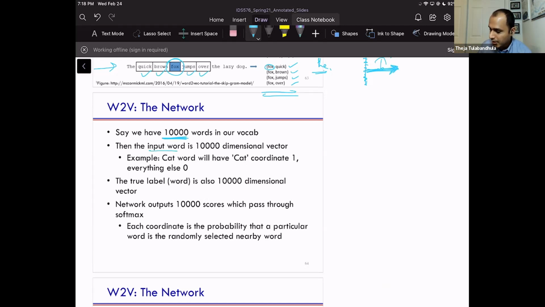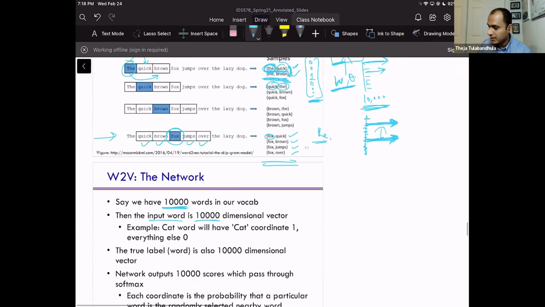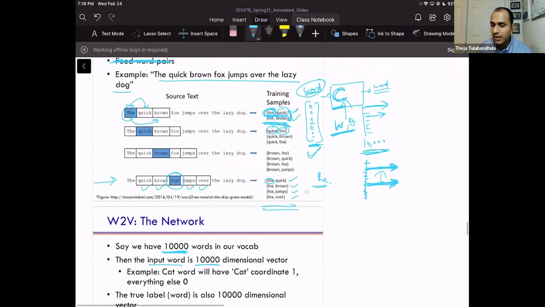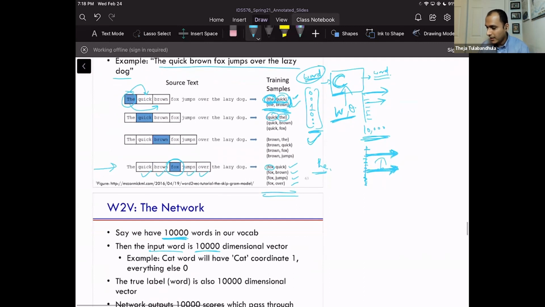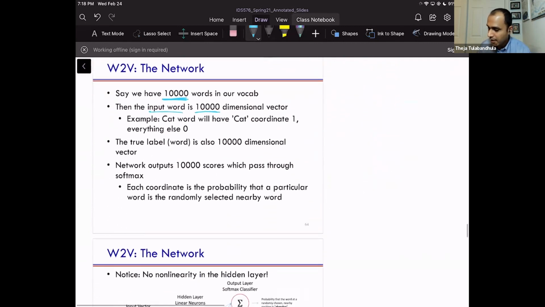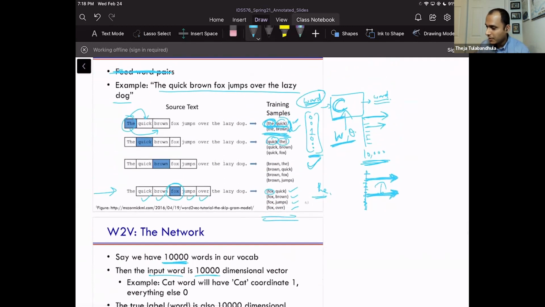Then the input word, as I said, is just going to be a 10,000 dimensional vector, a one-hot encoded vector for whatever the input is. The true label is also a 10,000 dimensional one-hot vector. Although we produce scores, I want to compare the scores versus the one-hot encoded representation.